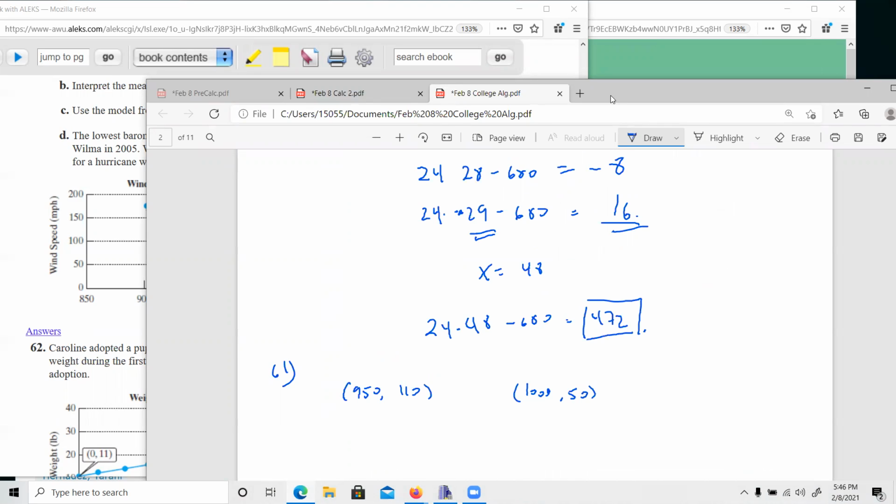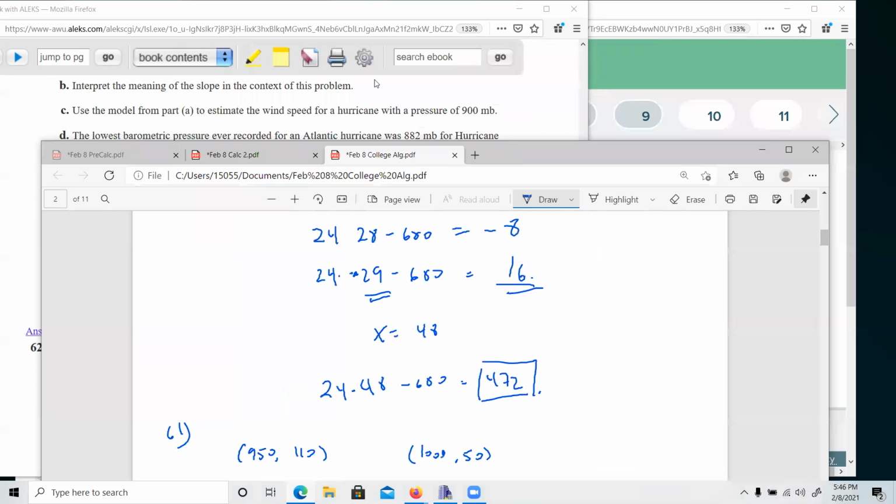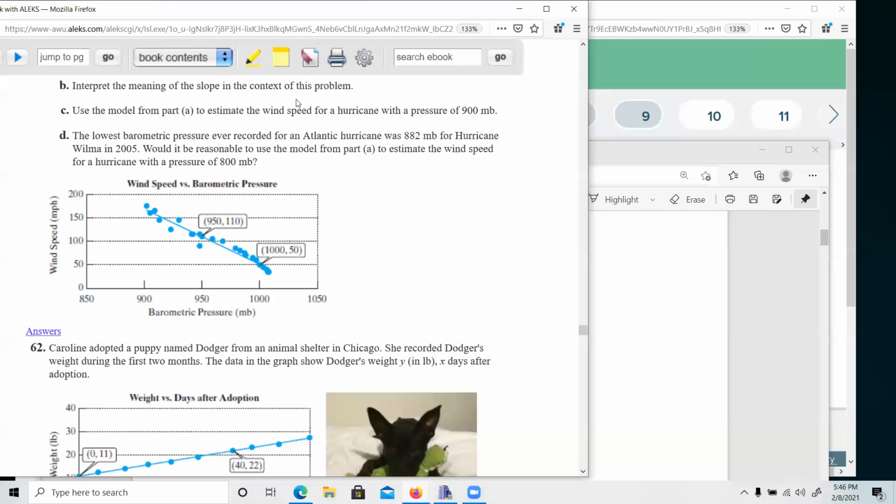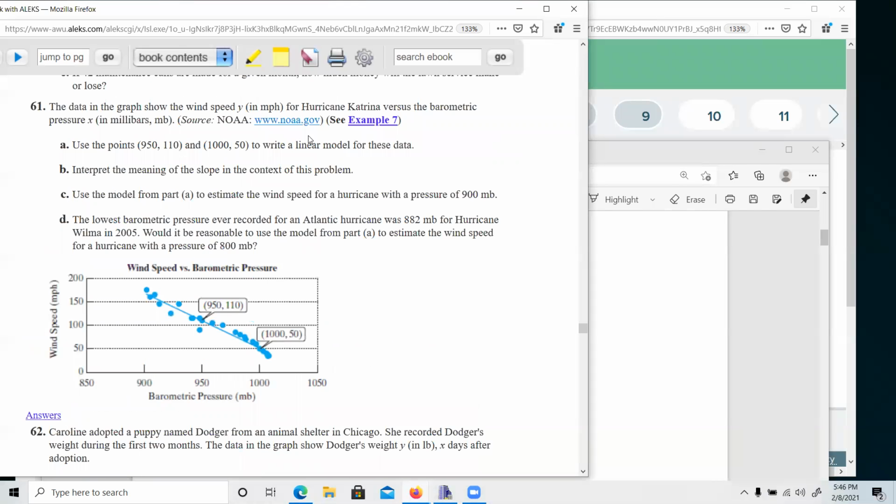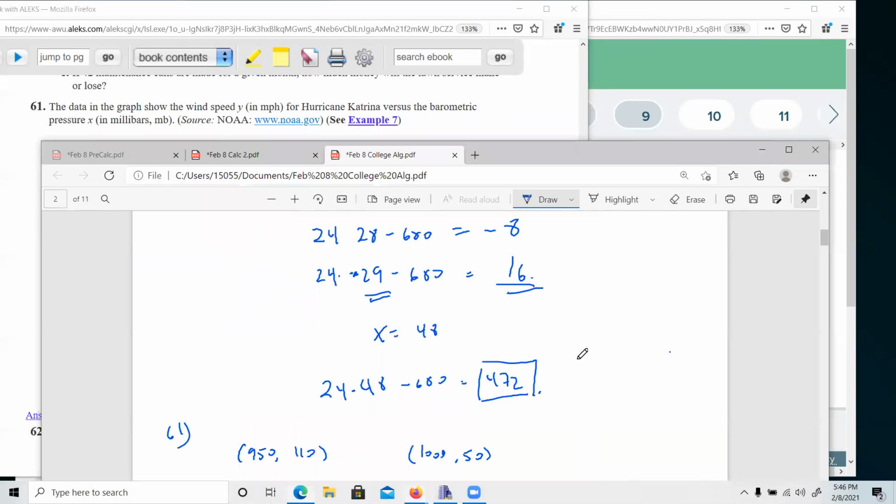Okay, and our x's are in millibars, that's pressure.